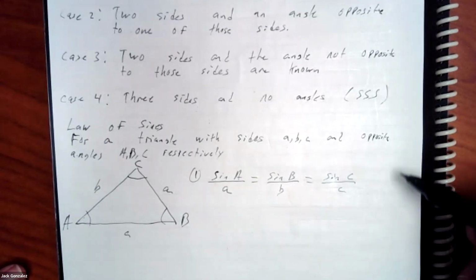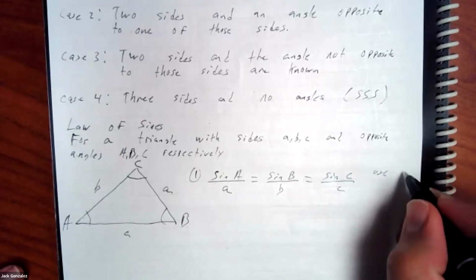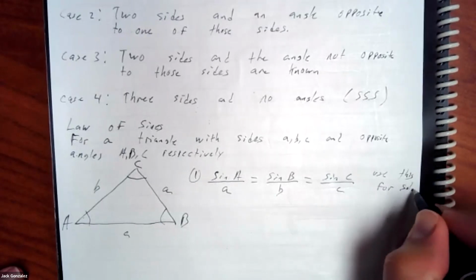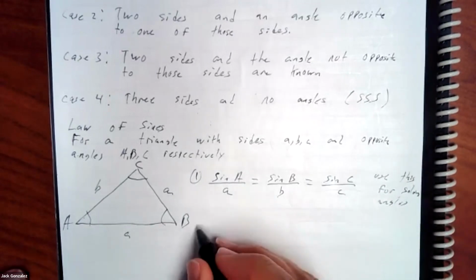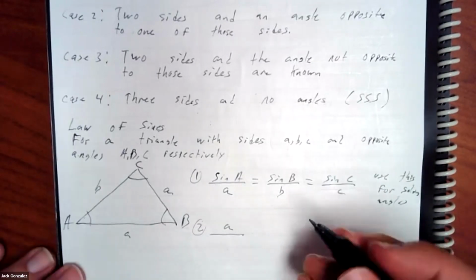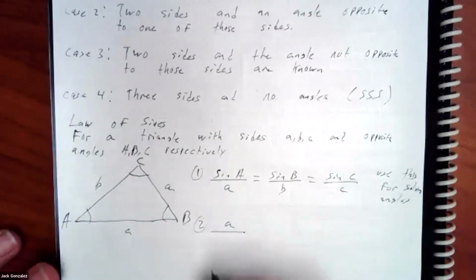I would use this one when you're trying to solve for angles. Little a, it's basically the same formula. I'm just going to take reciprocals.